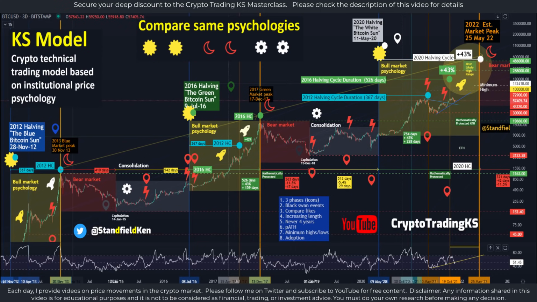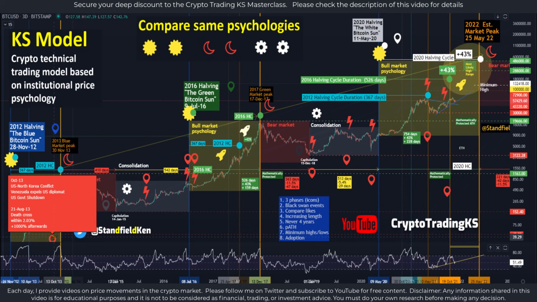You'll also notice that there are a lot of lightning bolts. What are these lightning bolts? They're actually black swan events. Having been involved with financial markets for more than 3 decades, it's really important to look at price outside the actual price action. The economy influences the price, like you can see back here in 2013.